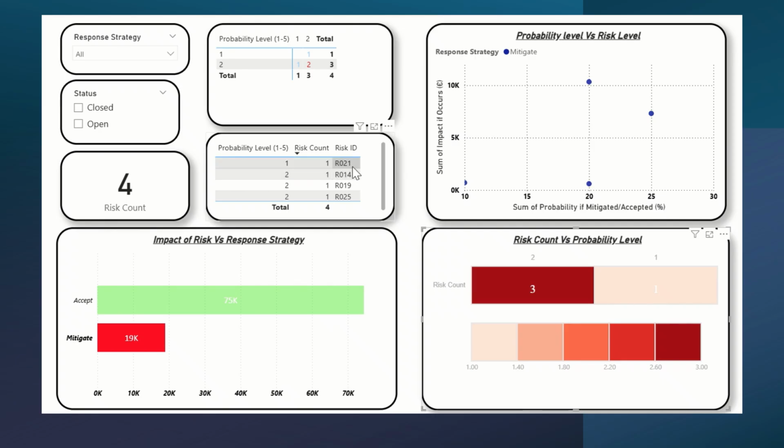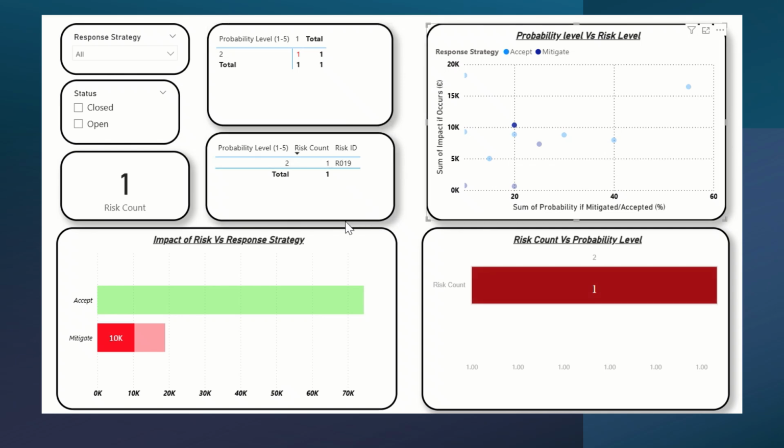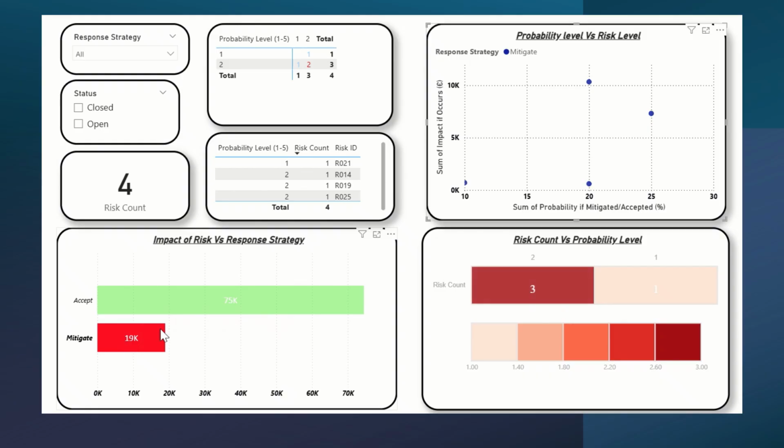I want to know which of them are 21, 14, 19, and 25. You can also identify the probability level of happening and the impact. Number 2, that's a total of 4. You can guide yourself with the scatter plot with multiple dots, understanding where to go. Okay, it was 19,000 K, and we just found the one that is 10,337, more than 50% of the total amount of happening.